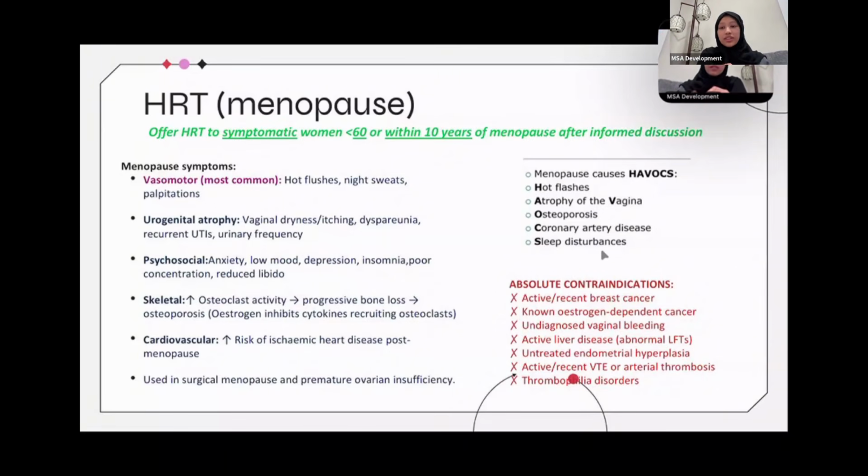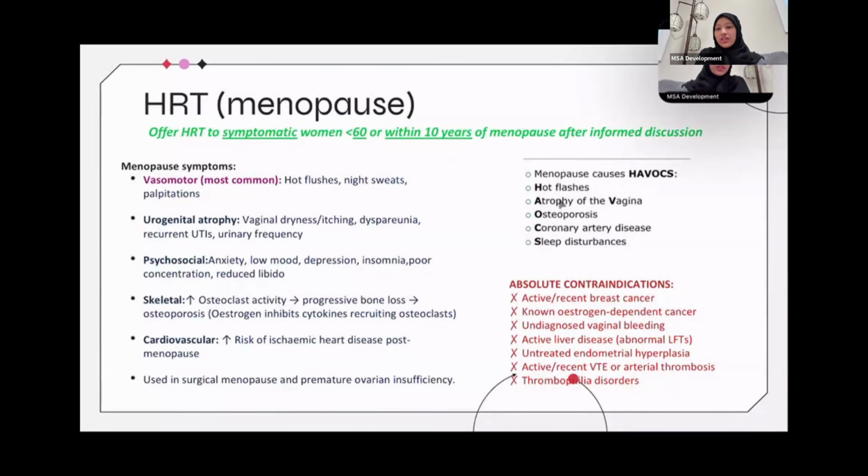Menopause can cause havocs. I still use this mnemonic to this day. So hot flashes is one symptom. They always constantly feel hot and they cannot help it, but that is part of menopause because of the deficient estrogen, high FSH, high temperatures, right?